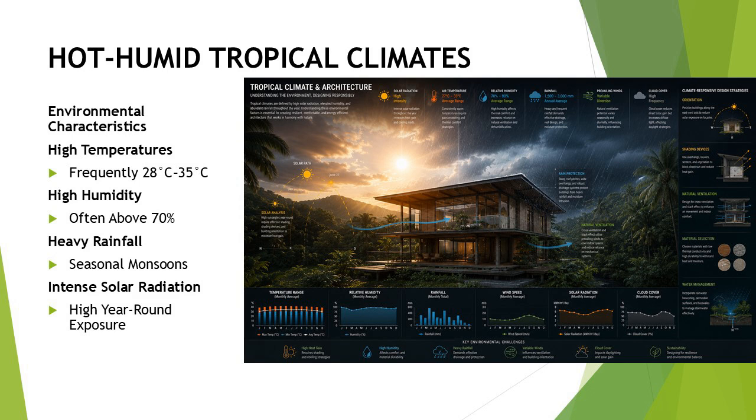Instead, the challenge is controlling heat gain and managing moisture. These environmental conditions create unique design requirements. Buildings that perform well in cold climates may perform poorly in tropical climates. Therefore, climate-specific design is essential.